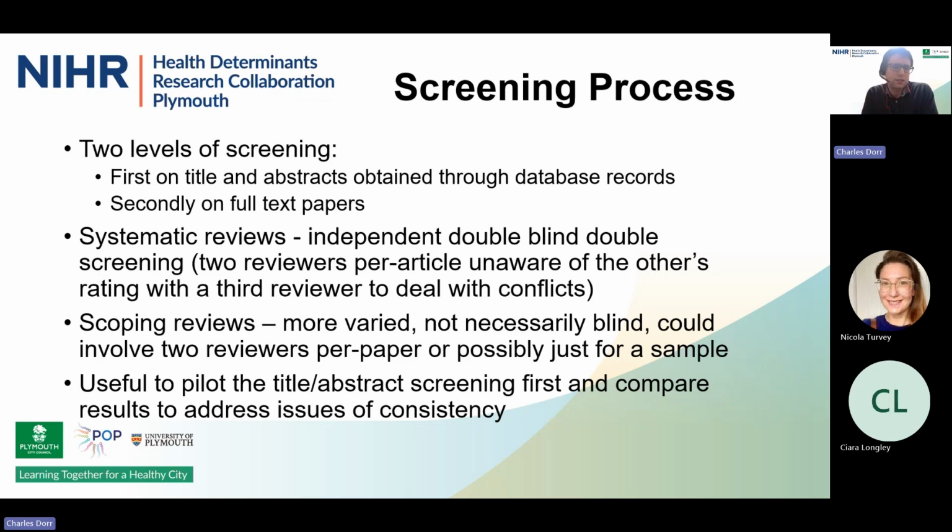It's also, as I mentioned earlier, useful to pilot the approach first for a scoping review. So actually have a meeting of the research team and just try a few screening attempts together just to get an idea what other people would include and exclude and see how the inclusion and exclusion criteria work.